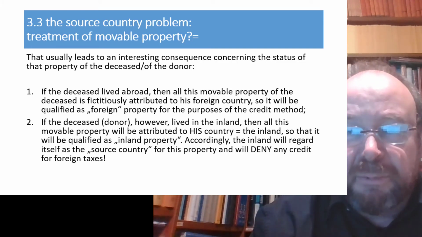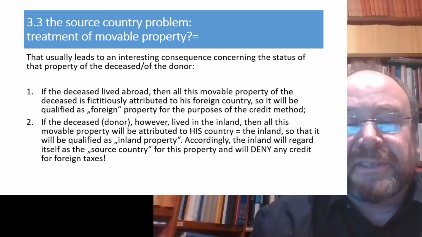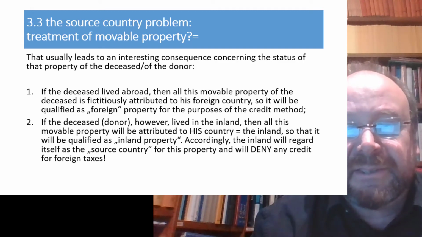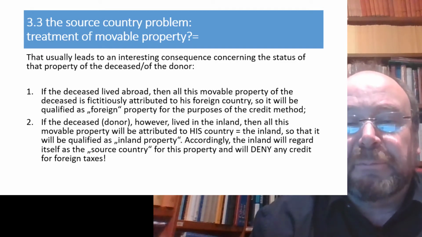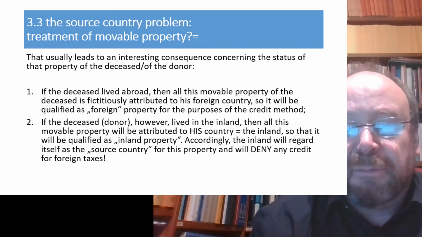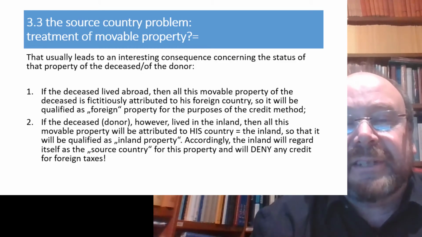Now, for inland property, one usually does not accept foreign taxation. One sees oneself as the source state and claims the primary right to taxation, and says a credit must be given by the others. So accordingly, inland property will not enable one to get a tax credit.